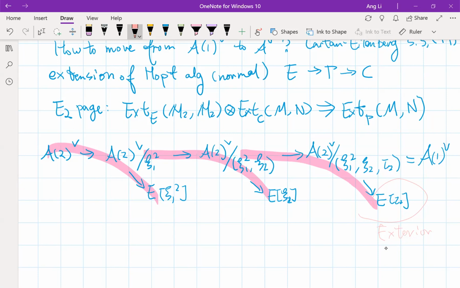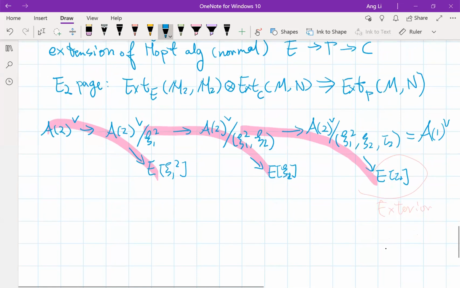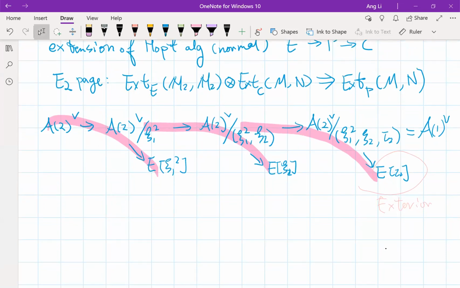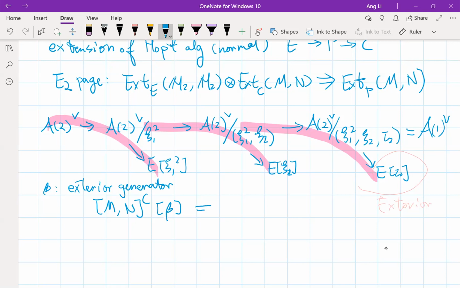Ext over that becomes polynomial on the generator. So in our case, the Cartan-Eilenberg spectral sequence is actually M comma N over C, polynomial over this generator. Let's call the generator beta, and then convergent to the thing we want.